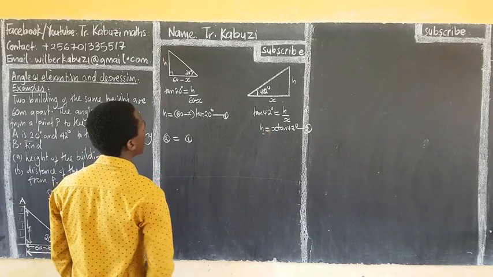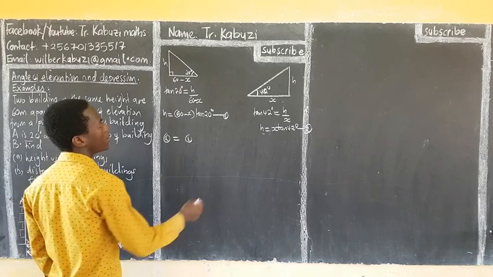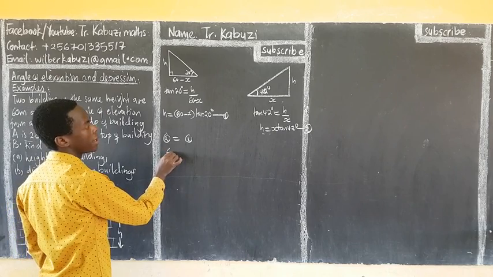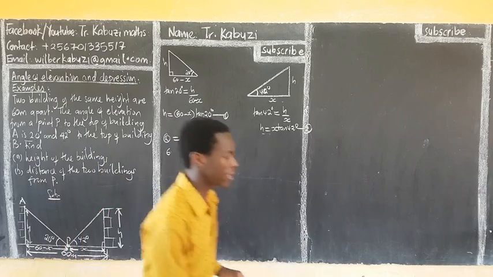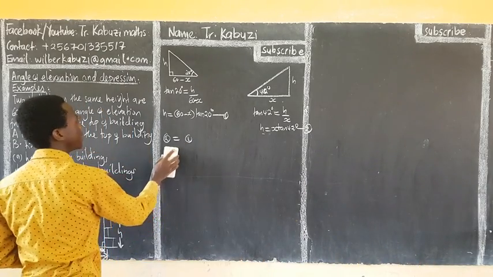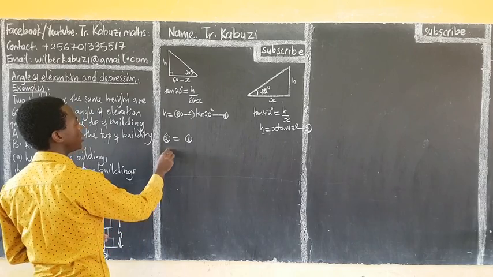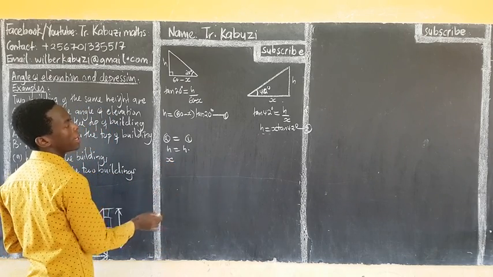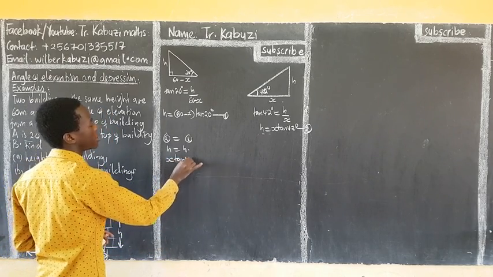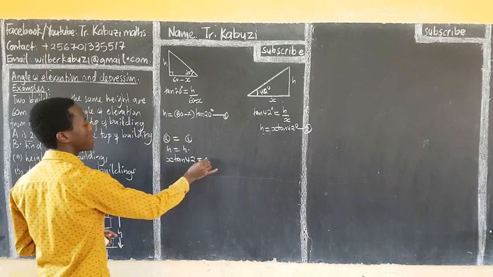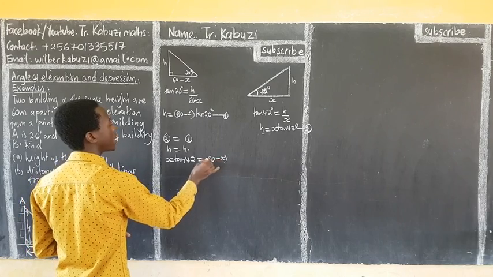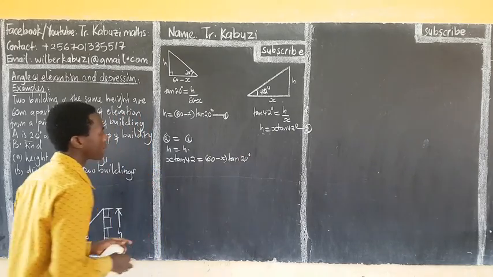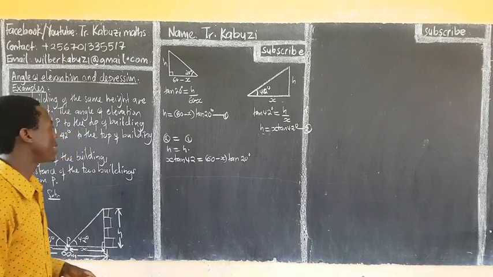Our H is equal to H, so X tan 42 degrees equals (60 minus X) tan 20 degrees. The only unknown we have is X.